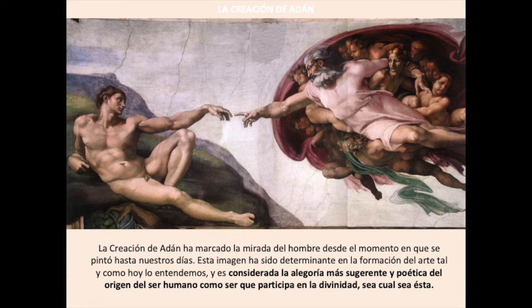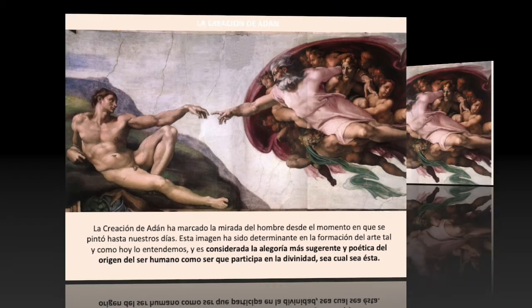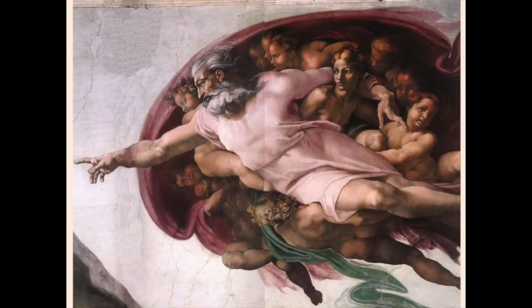Here the figure of God. You see the diagonal line. You see how accurately he represents the hand, the nails, all the muscles, all the figures, all the people, the angels surrounding God.